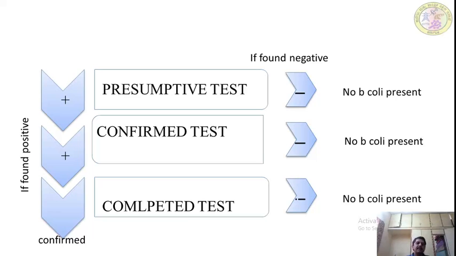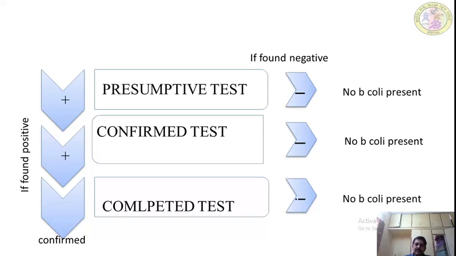So if there is a positive result in the presumptive test, it is taken into the second step, that is the confirmed test. In the confirmed test, the sample from the presumptive test is taken, and the test is conducted again. If a negative result comes, it indicates that no E. coli bacteria are present.